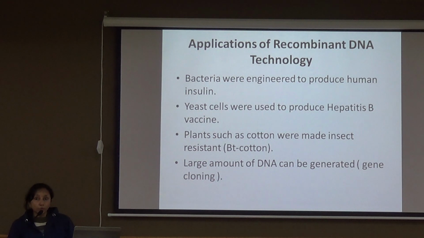How? We clone the insulin gene in a bacteria which has transcription and translation expression sequences. When we put the gene in that bacteria, the gene which we have cloned can be expressed to form proteins.